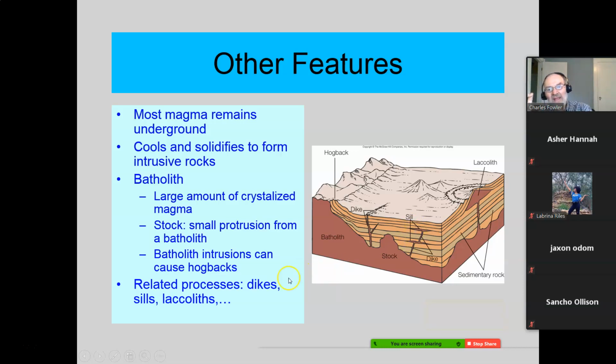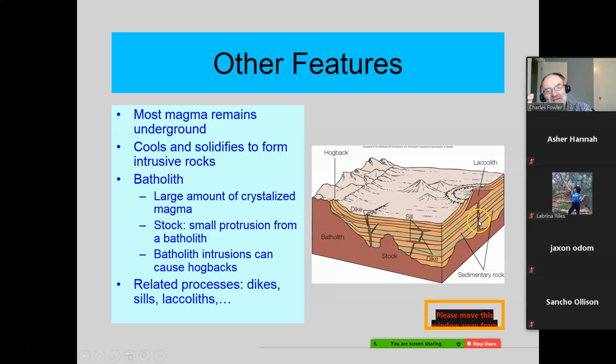Okay. And then the last of these is the laccoliths. It started out as a dike, making its way up, but then forced, sort of like the batholith did here, but on a smaller scale, because the batholith was big all the way down. Stocks were big down here.